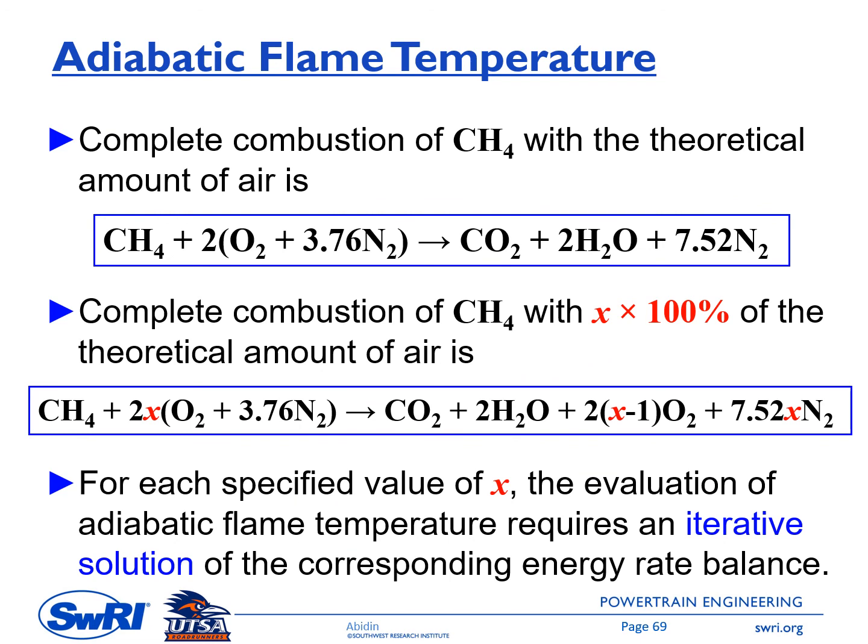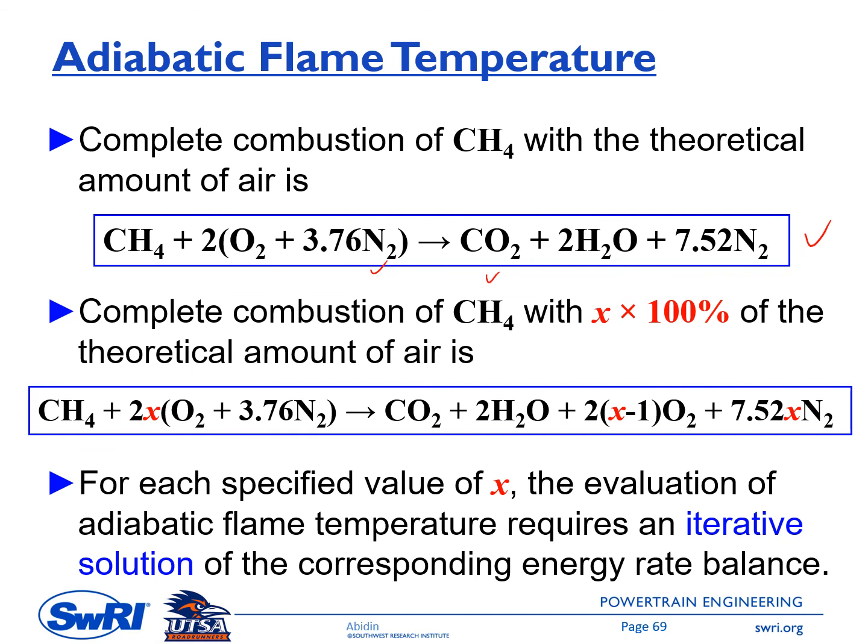Stoichiometric or complete combustion of CH4 with the theoretical amount of air is formulated with this reaction equation. For 1 mole of methane, we have 2 moles of oxygen and 7.52 moles of nitrogen.